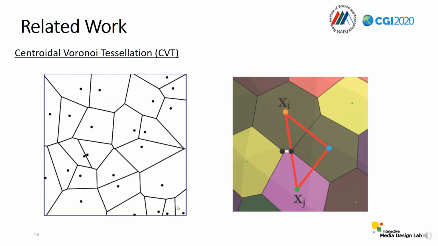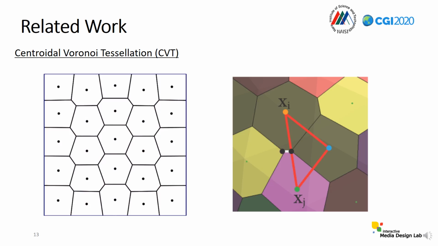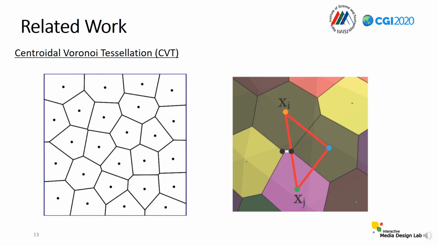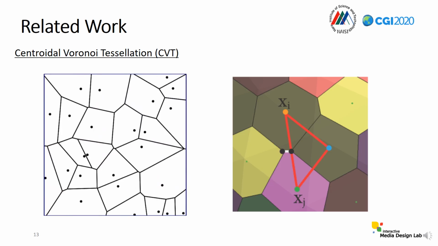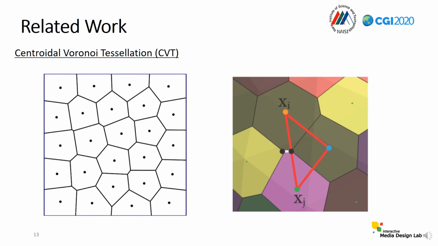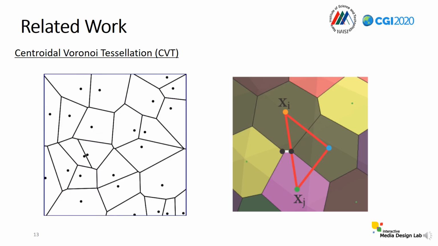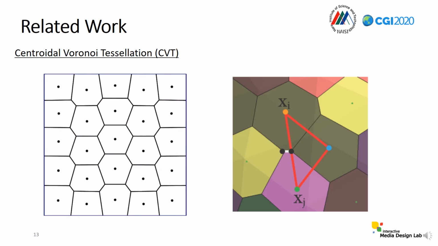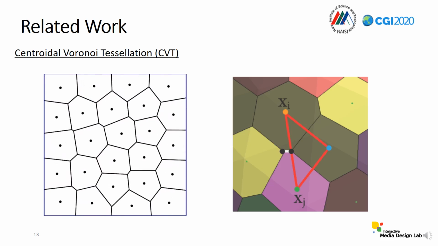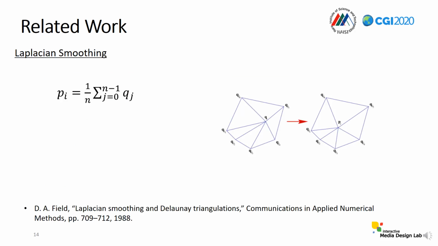It should be noted that the Delaunay triangulation and the Voronoi diagram are dual of each other, and a small Voronoi edge is directly connected with a large edge and with a large angle. Okay, so the next one is Laplace smoothing.